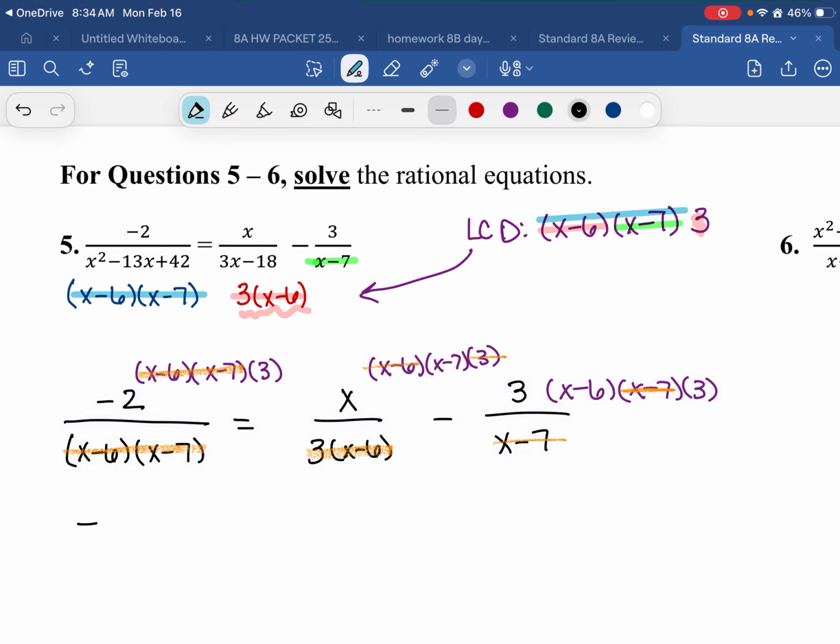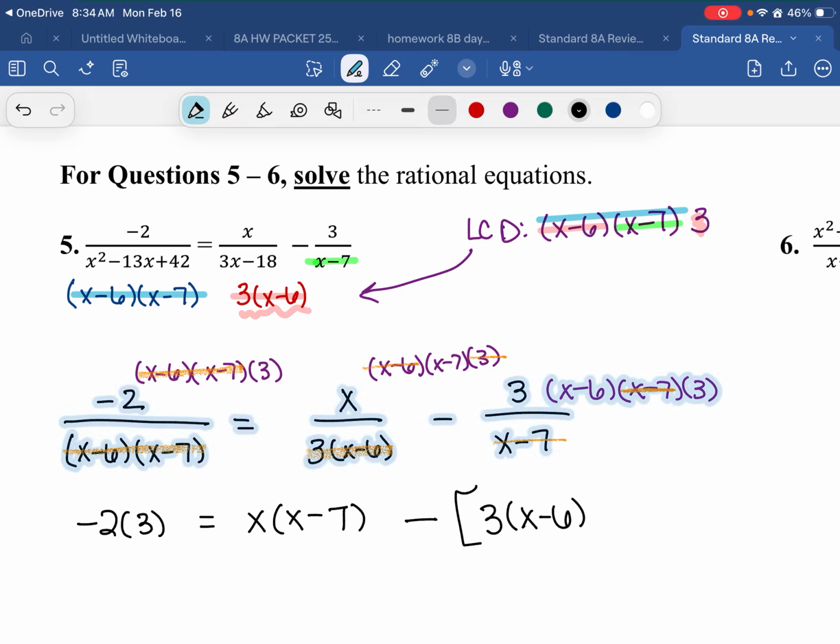So I have negative 2 times 3 equals x times x minus 7 minus, and then this is all multiplication, so I'm going to go 3 times x minus 6 times 3, just to make sure I cover everything.